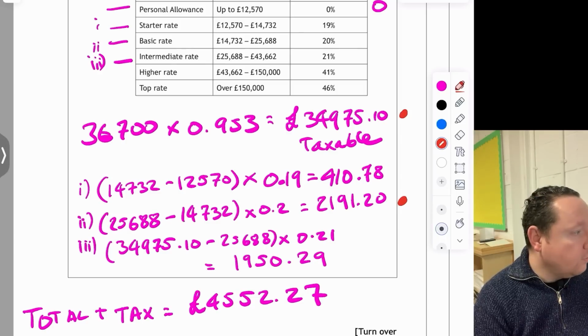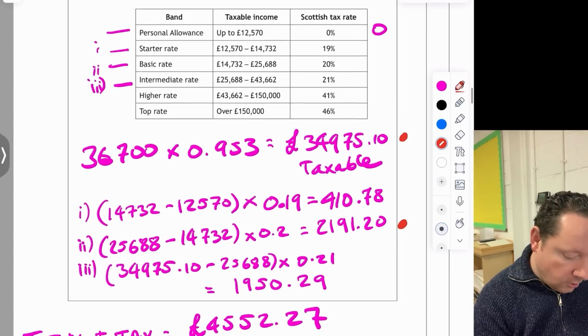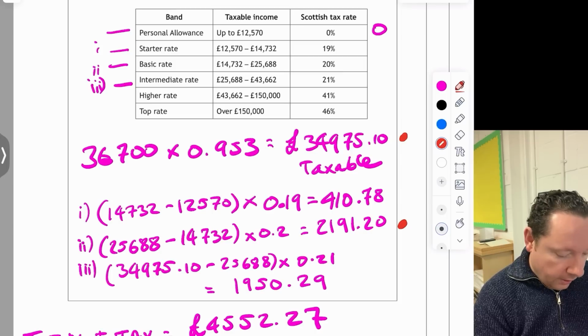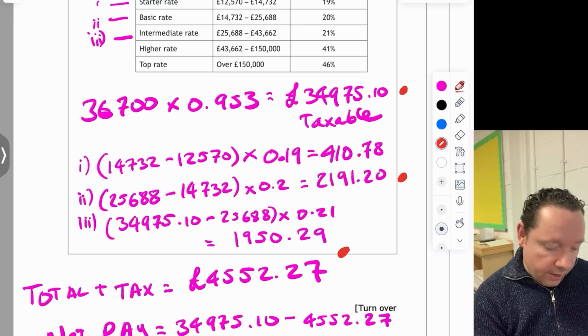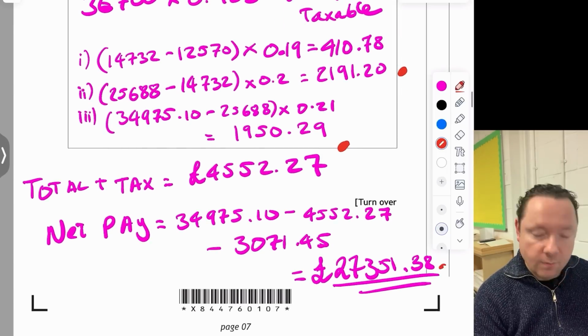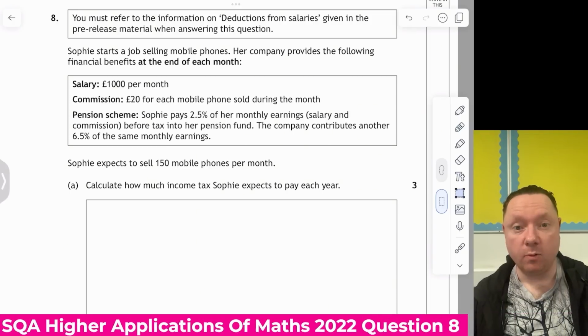You get a mark for calculating tax for the remaining bands and total tax to pay. So, starter, you actually get a mark for doing 0, then these two, and then a mark for the final band and the total. So you get a mark there, and then a mark obviously for your final answer, adding them all up.